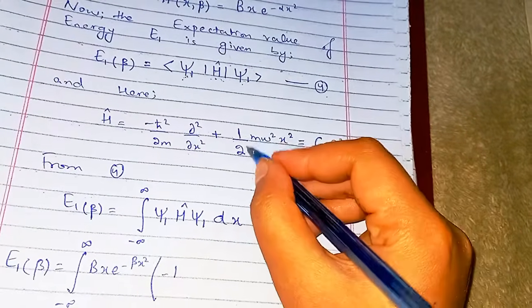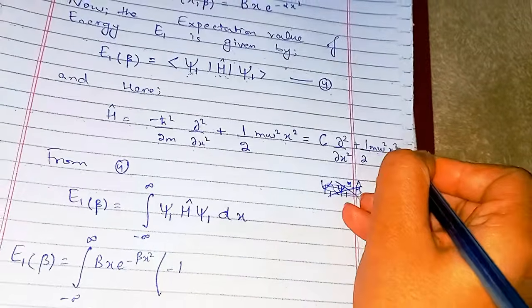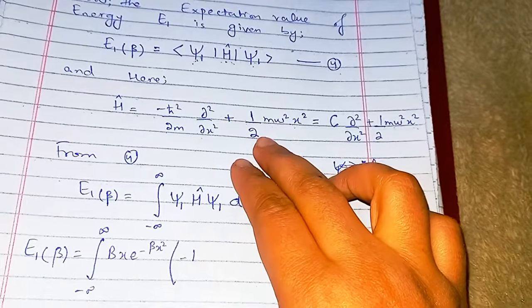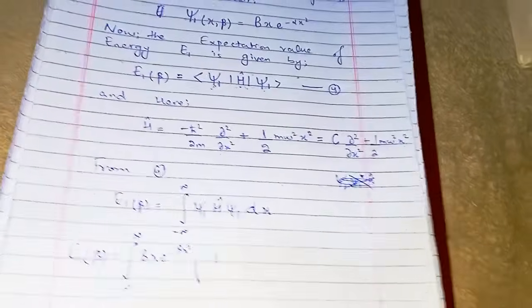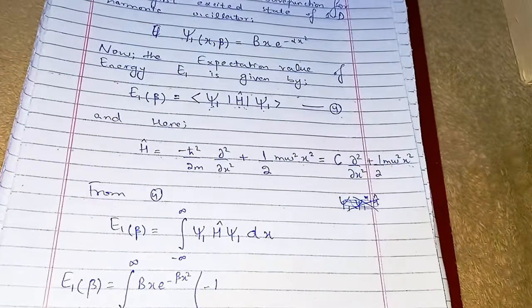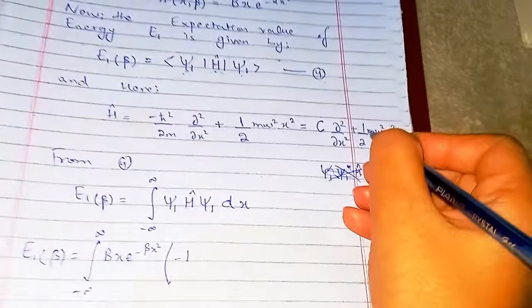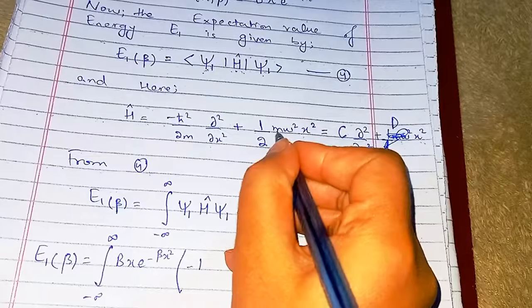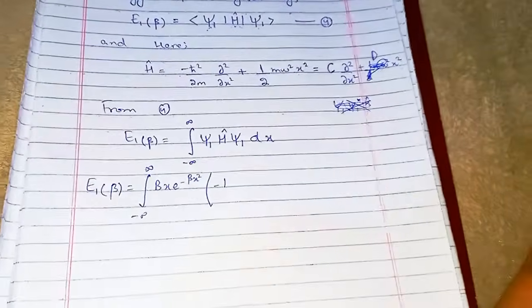And here 1 over 2 m omega square, I'm going to write it like that. It's also a choice, let it equal d, for example. That would be really helpful, because writing them again and again is really hectic. We'll put these values in at the end of the video. I'm going to let 1 over 2 m omega square be equal to d, and c is minus h square by 2m. It will make the calculation way easier.